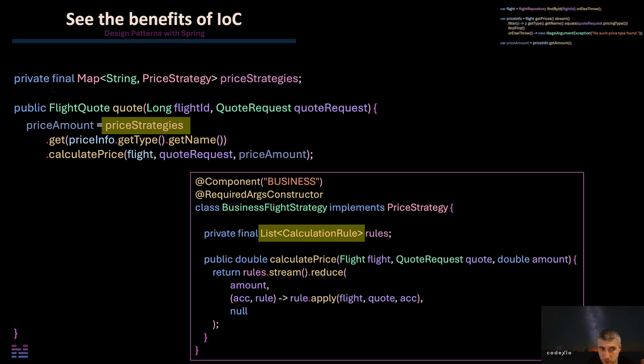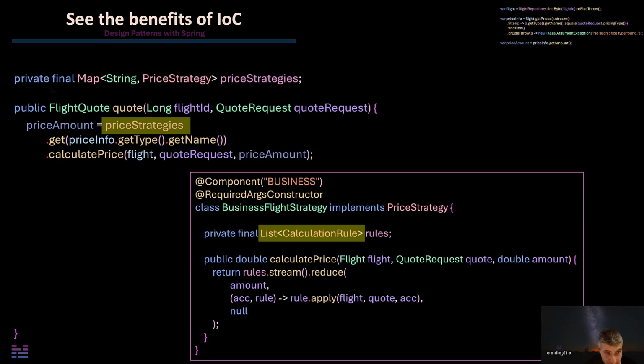And if we want to inject it, we can inject it directly. We can say, okay, private final map of string and price strategy, and then all price strategy objects will be hydrated into that map as values.